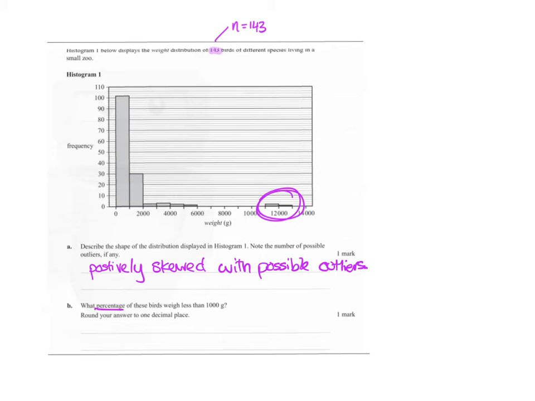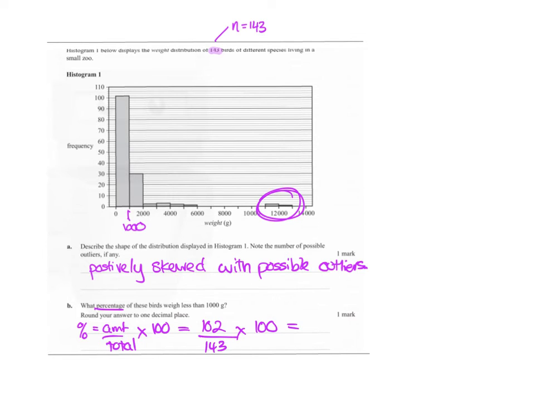What percentage, so here again, we know percentage is, we want the amount over the total times 100. So we know the total was 143. What percentage of these birds weigh less than 1,000? So here is the 1,000, and we count up the frequency, and it looks like 102, yeah? 102 times 100, and that's how we'll do that to get the 1 mark.